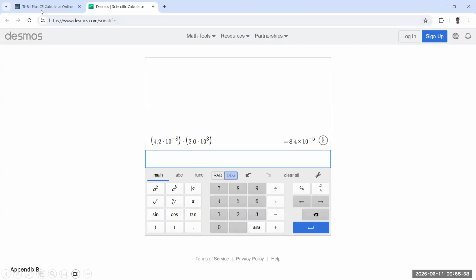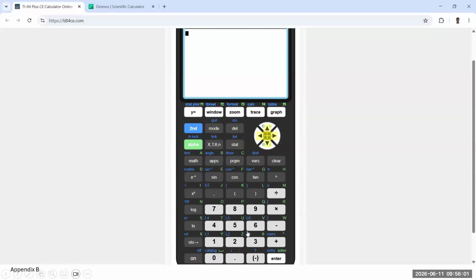3.6 times 10 to the negative 5. We'll go back here and clear this one.